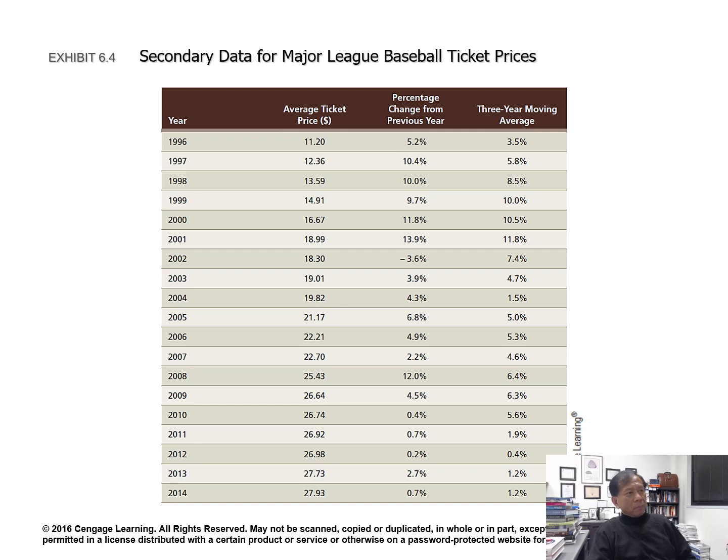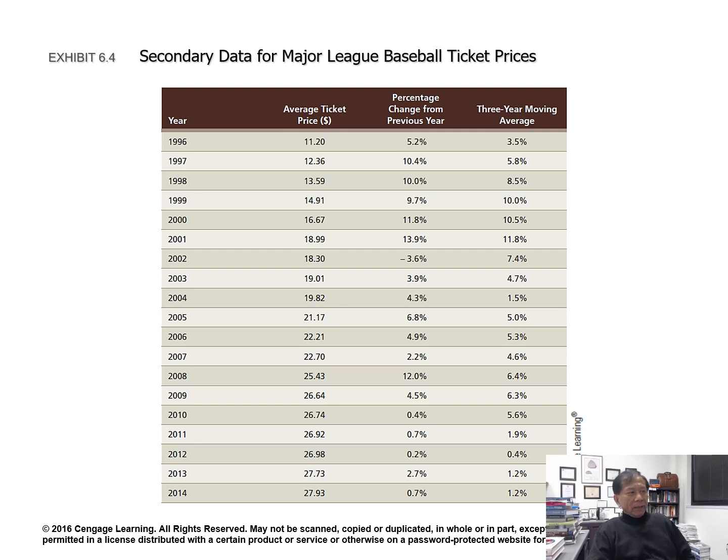And if you look at percentage change from the previous year, it increased in double digits in 97, 98, 2000, 2001. There's a big drop in 2002. You wonder why, huh? Why is there a big drop in Major League Baseball ticket price in 2002? It's worth looking into.